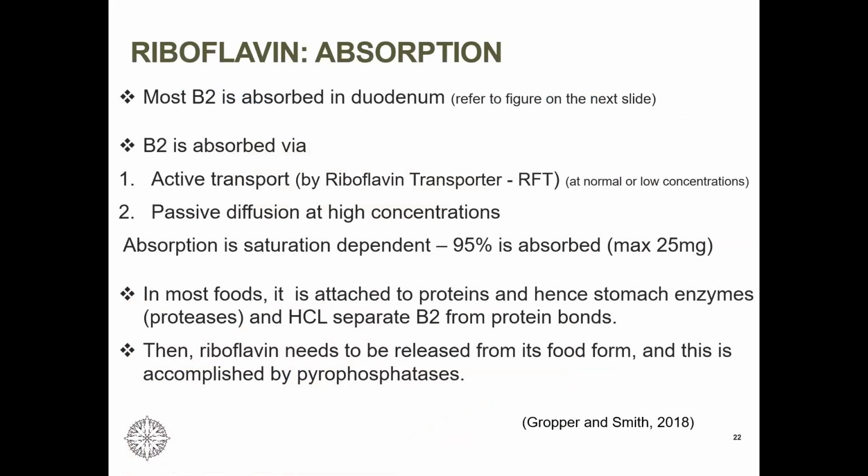Okay, so whatever I explained in the diagram, that is what is all written in these slides. So absorption for riboflavin is also saturation dependent. 95% is absorbed, and after that it may be excreted.